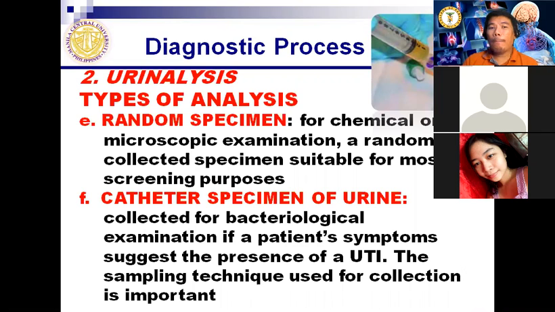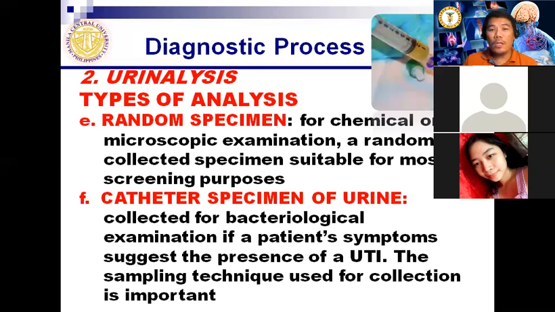However, the catheter specimen of urine is used for bacteriological examination. So, sir, what's the difference from the random specimen? The random specimen can be collected anytime, but for the catheter specimen, there must be distinct preparation: prepare the client accordingly and kink the catheter so that the specimen will be effective for testing in the bacteriological examination.